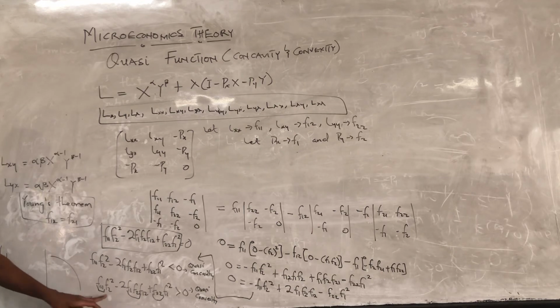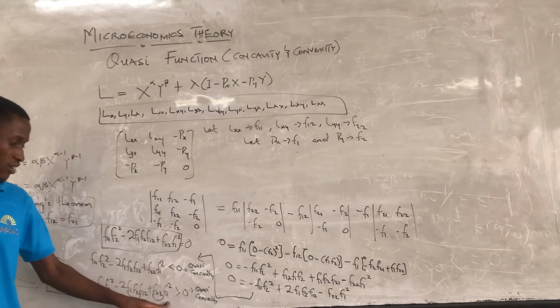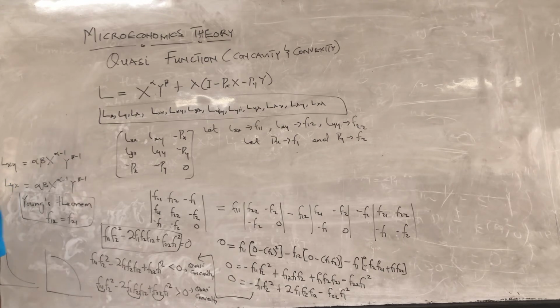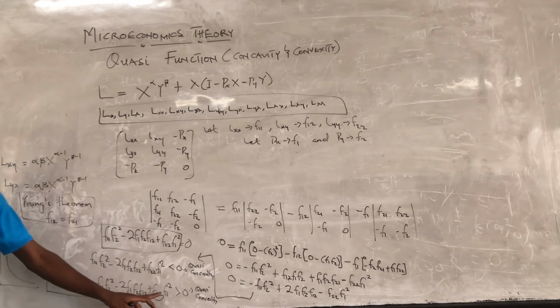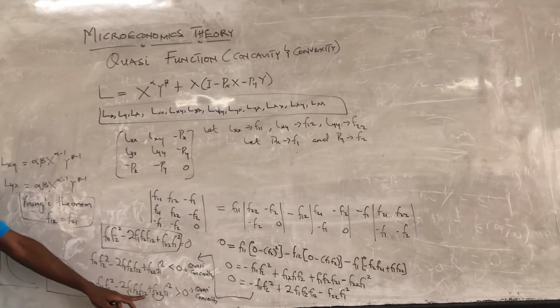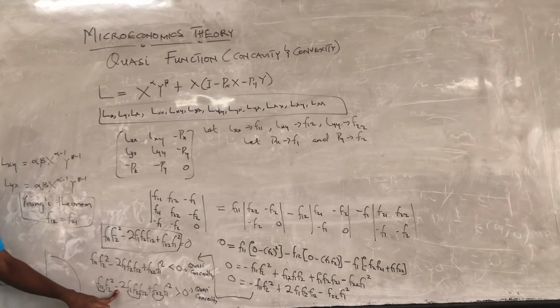If this is negative, because of the square, it will still end up being positive. If this is also negative, because of the square, it will still end up being positive. But if this is negative and this is negative, this and this will be negative.